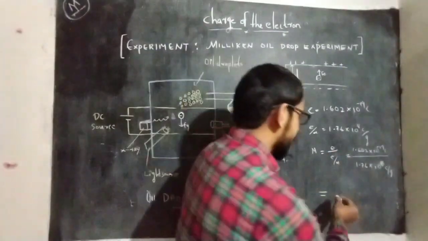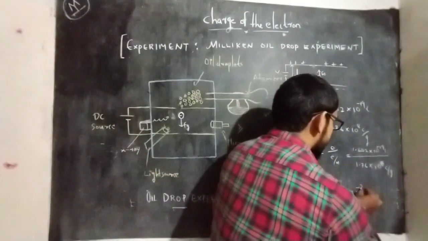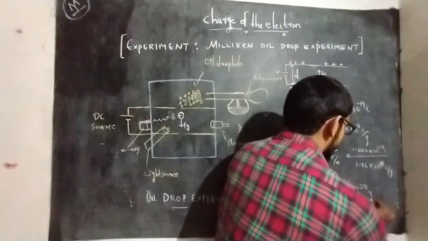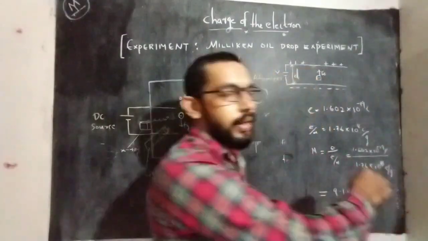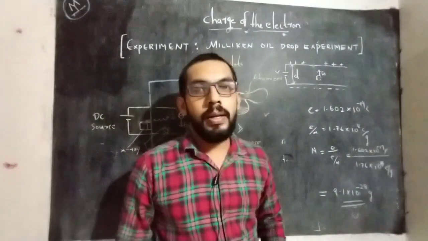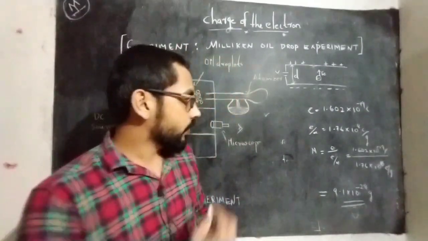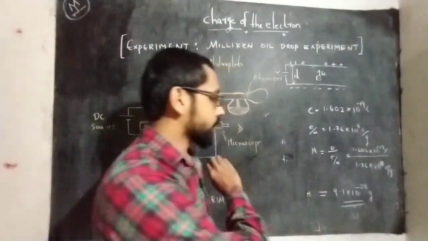From calculating, coulomb cancels, and we get 9.1 into 10 raised to the power of minus 28 gram. That's the mass of an electron.